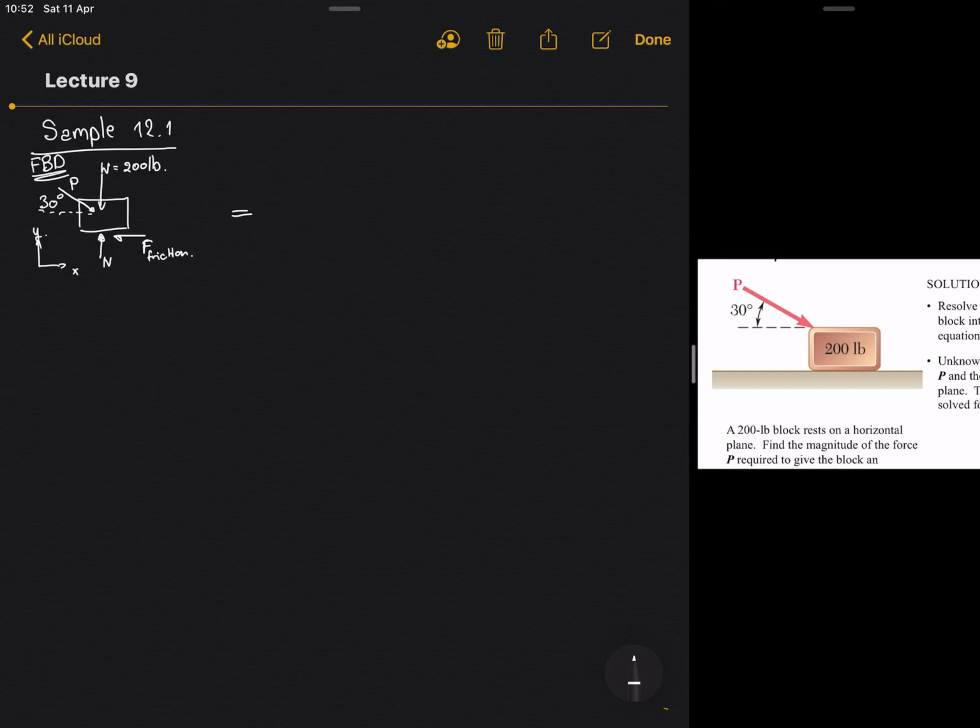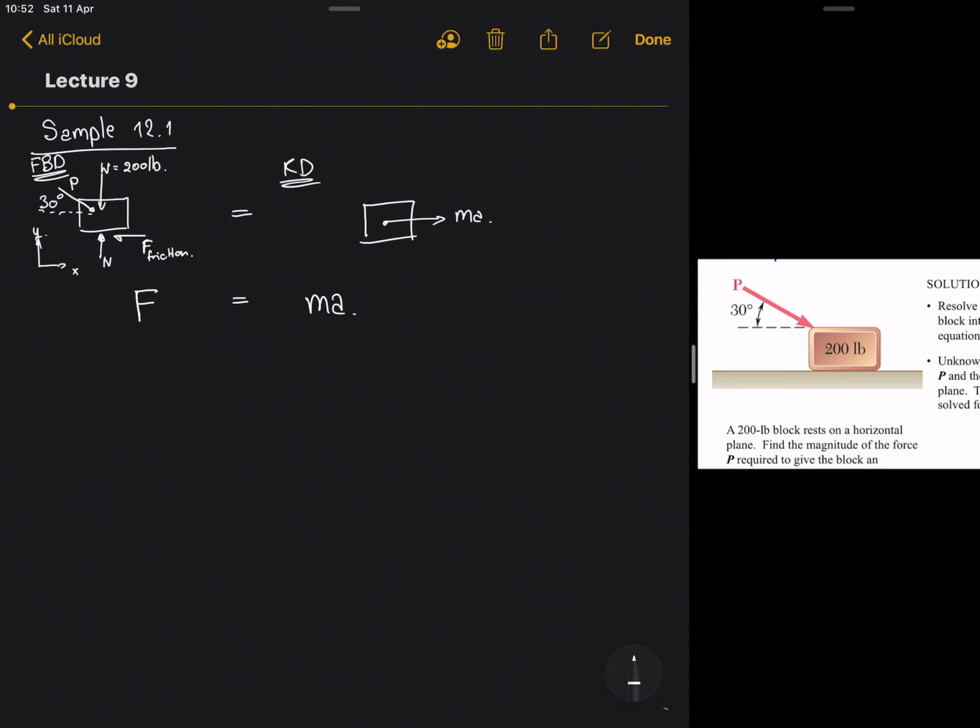Then we have to draw the kinetic diagram. We have this, and then we don't have any movement in the y-axis, so we have only movement in the x-axis here, ma. Okay, and first we have a weight, but in the equation F equal to ma, do we have a weight there?